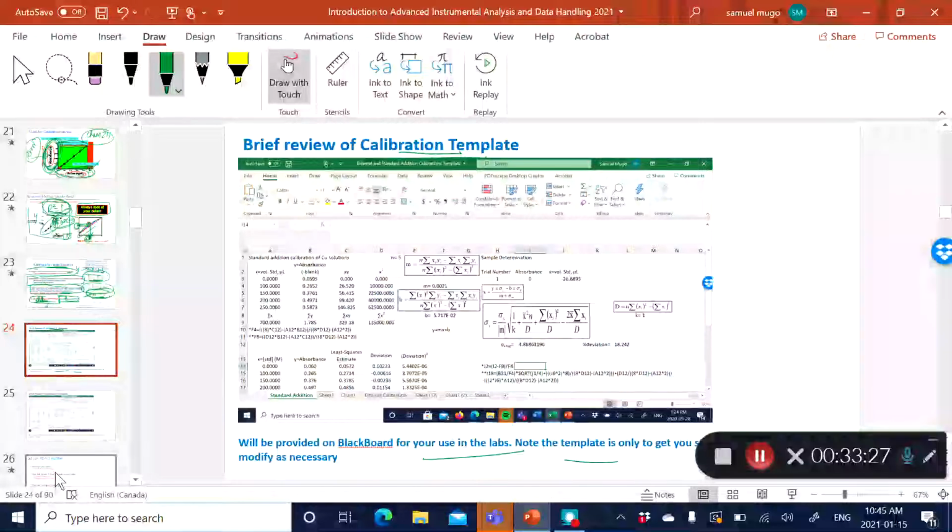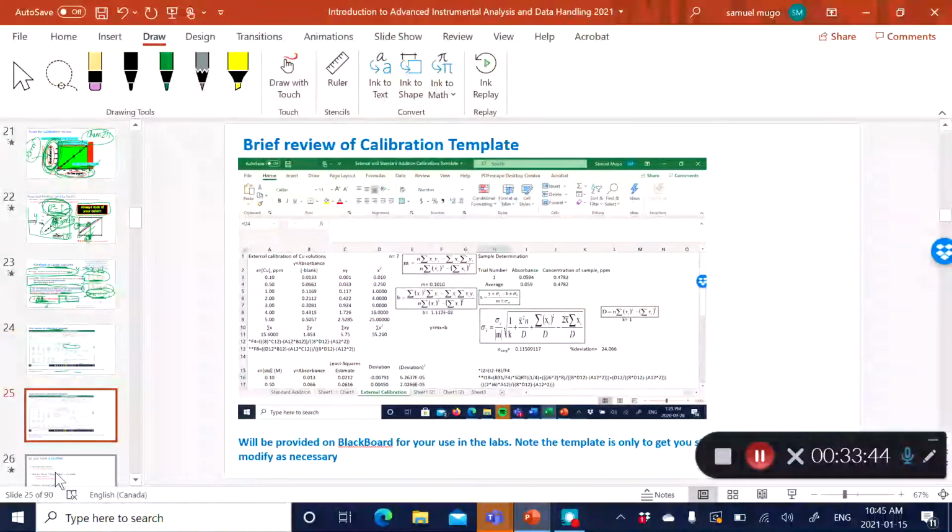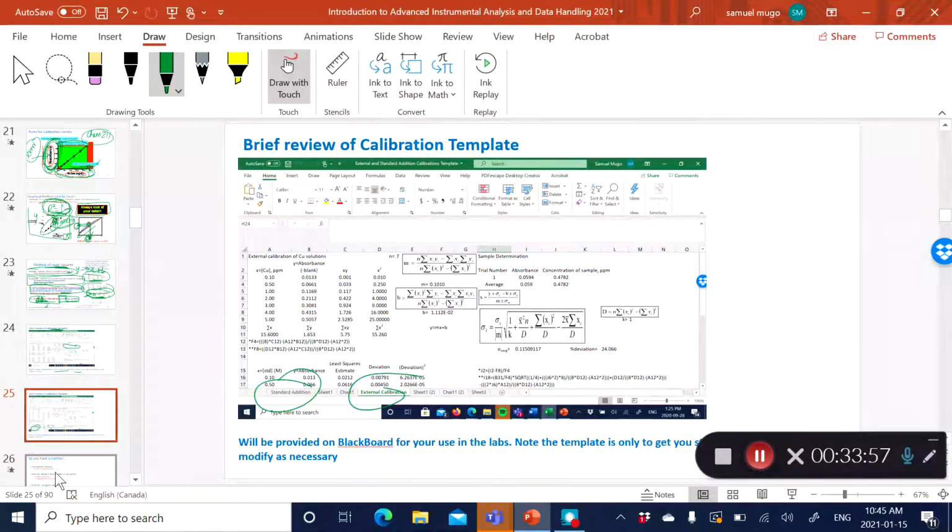Don't just punch in the numbers and take whatever it spits out as the answer. Make sure you actually know what's going on within the template, but hopefully it gives you a place to start if you're not very familiar with Excel, for example. You can use it for different types of calibrations, which I'm going to talk about later on.